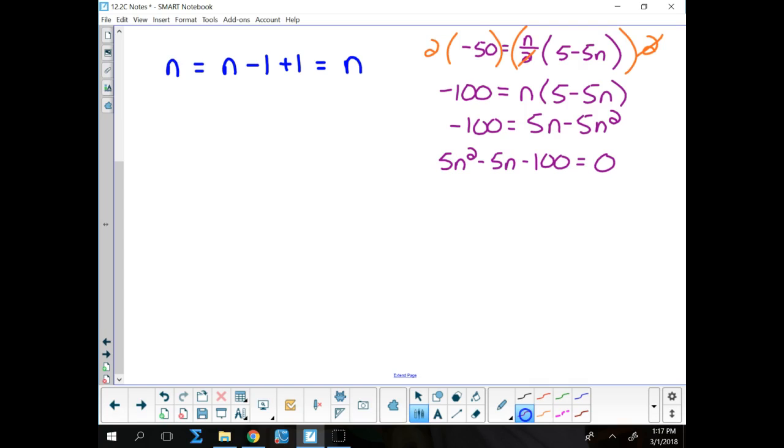I can take a 5 out. Then factor. Two numbers that multiply together to be negative 20 and add to be negative 1. Negative 5 and positive 4.